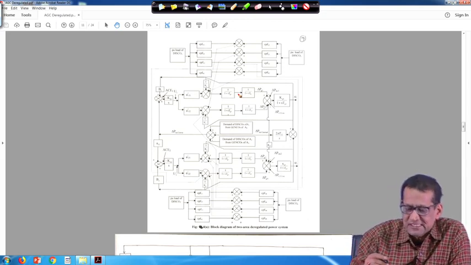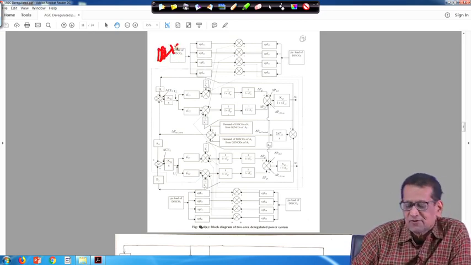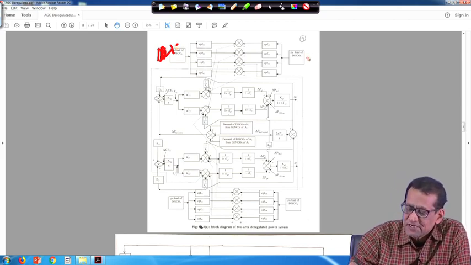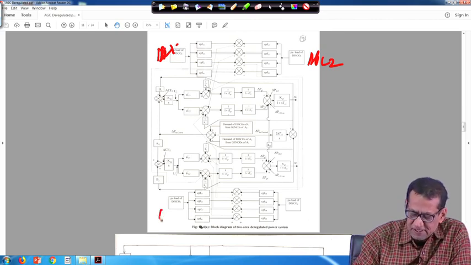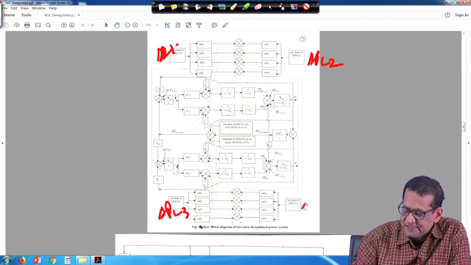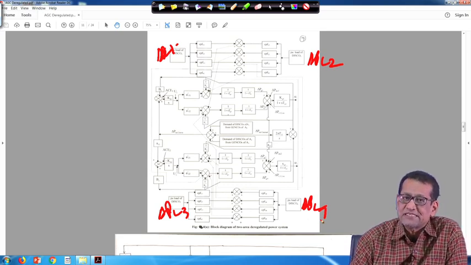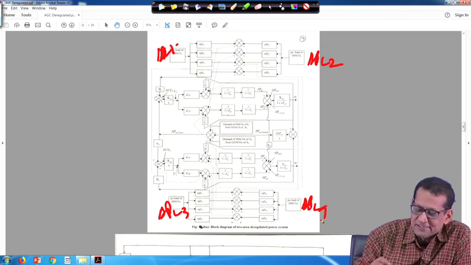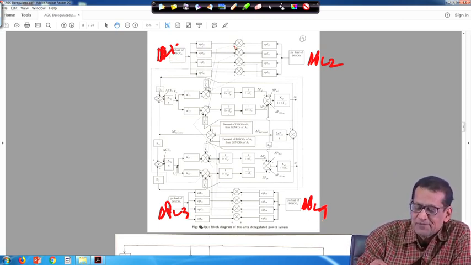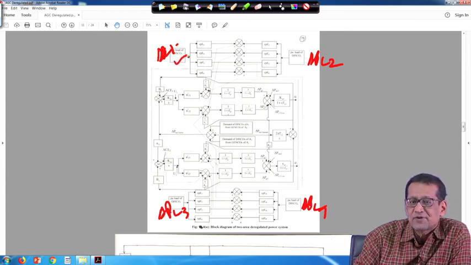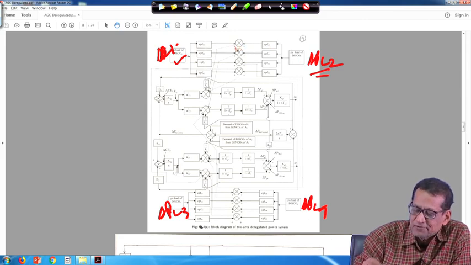Here delta PL1 is the power demanded by distribution company 1, similarly this one is delta PL2, this is delta PL3 and this is delta PL4, the total power demanded by these distribution companies. So this is delta PL1 multiplied by CPF11, then delta PL2 multiplied by CPF12.